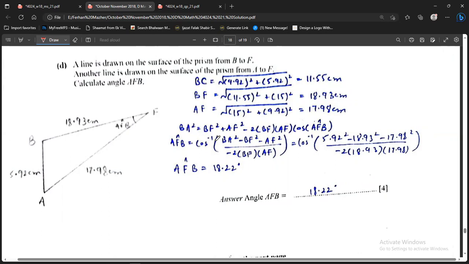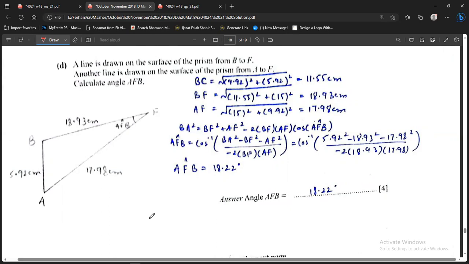BA whole square will be equal to BF whole square plus AF whole square minus 2 into BF into AF into cos of AFB. So the cos of AFB will be equal to BA square minus BF square minus AF square, the whole thing divided by minus 2 multiply BF multiply AF.